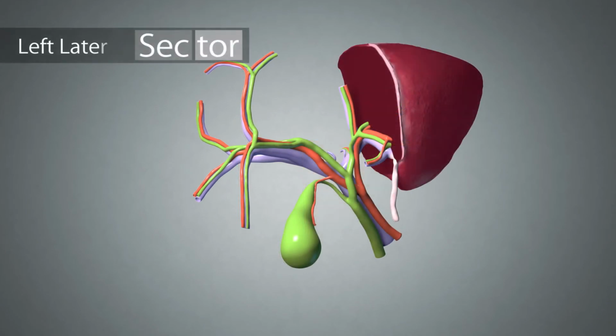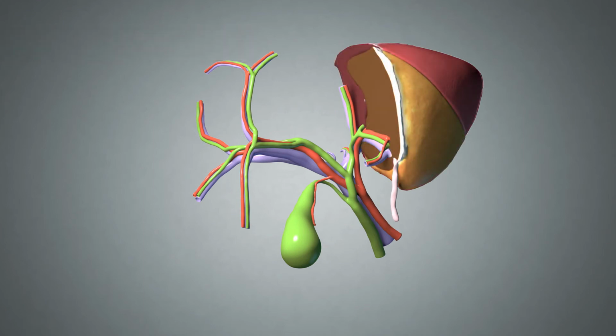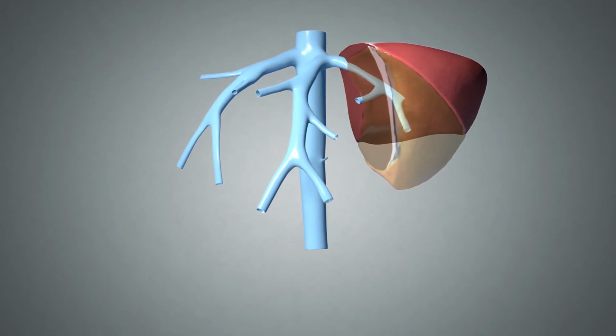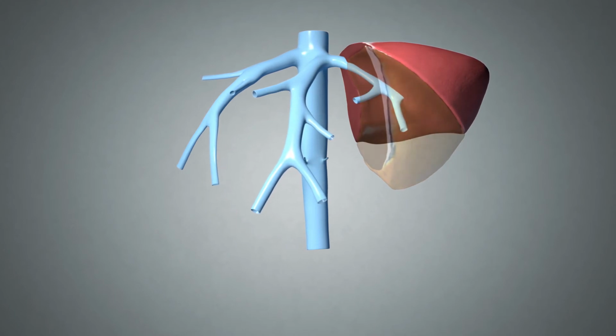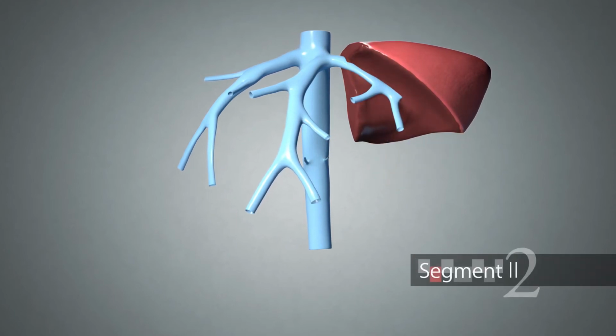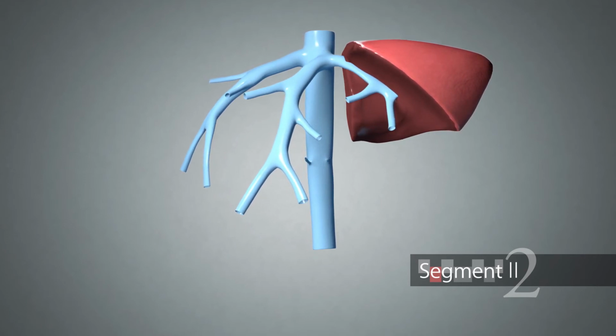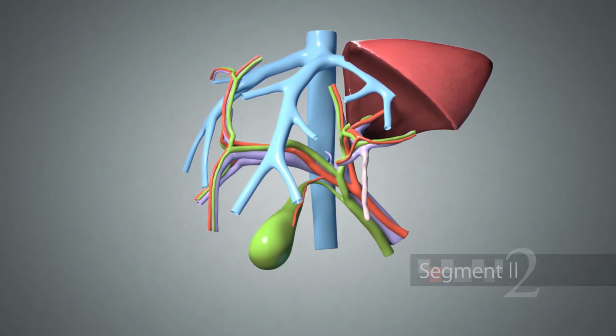The left lateral sector is the area that is situated left of the falciform ligament and consists of segments 2 and 3. Note that the left hepatic vein actually separates these segments as it traverses the left lateral sector obliquely. Segment 2 is the area of parenchyma that is superior and posterior to the left hepatic vein.